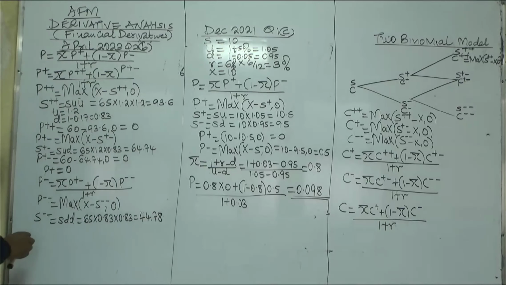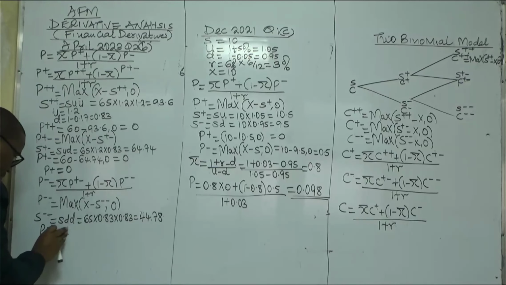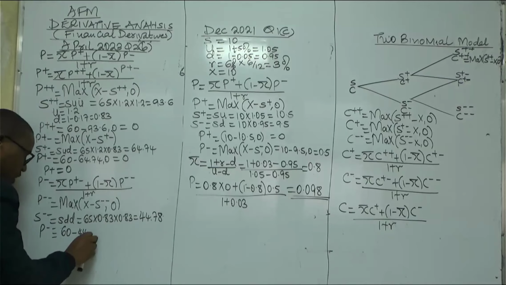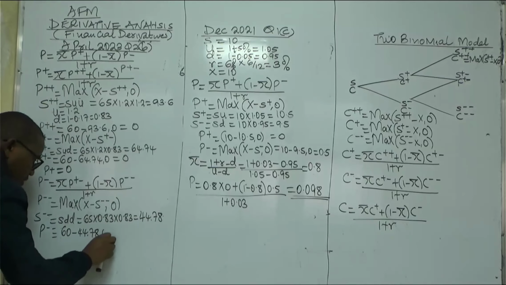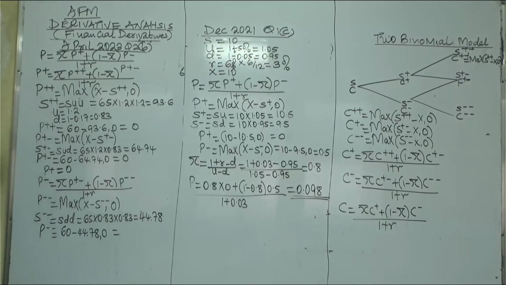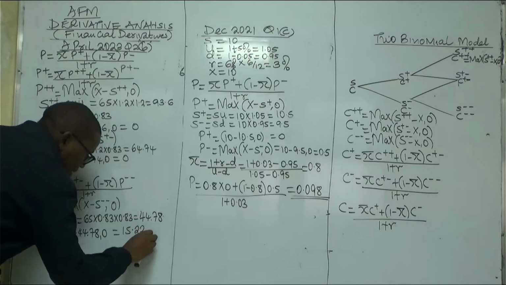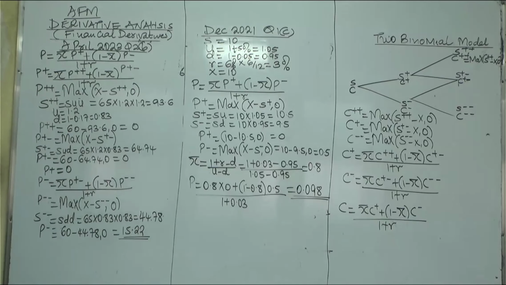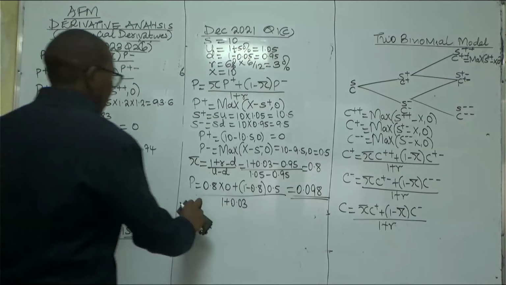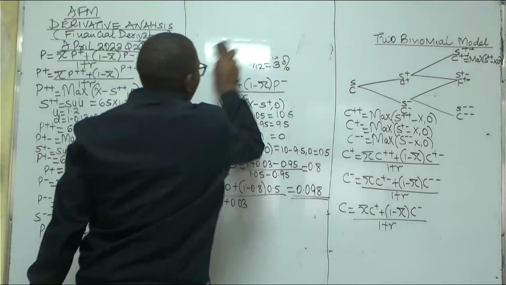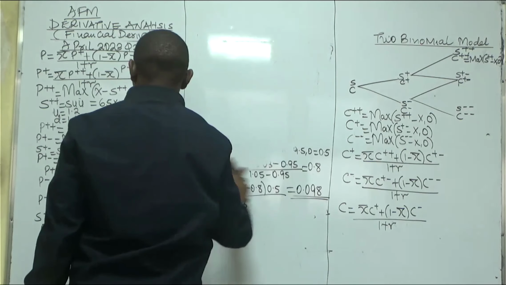Therefore, our P minus minus will be the maximum of 60 minus 44.78, compared with 0. So 60 minus 44.78 is 15.22.